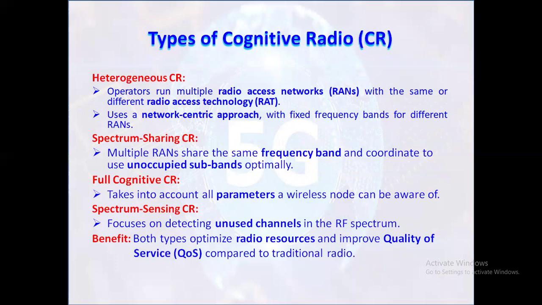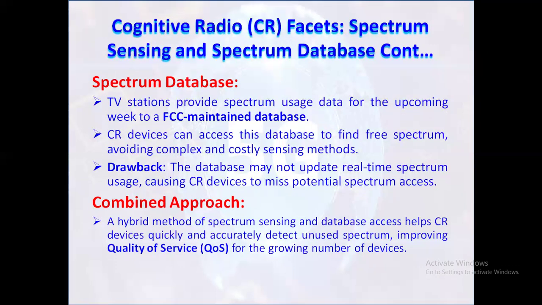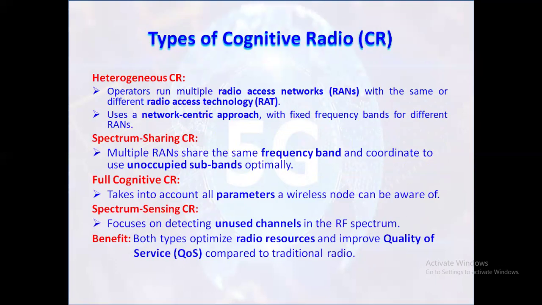And so that's all about the types of cognitive radio: heterogeneous, spectrum sharing, full cognitive CR, and spectrum sensing, and this is the benefit of the types. Heterogeneous operation runs in multiple RANs with different radio access technologies.